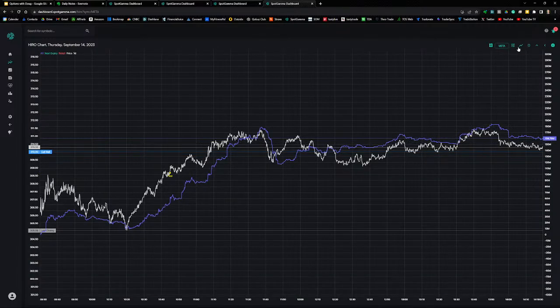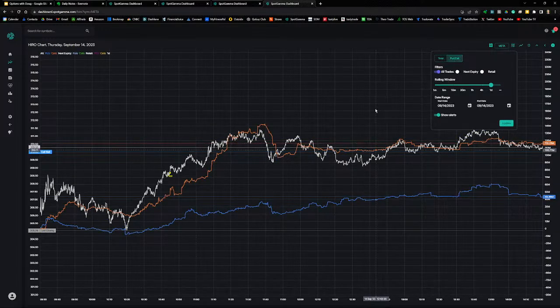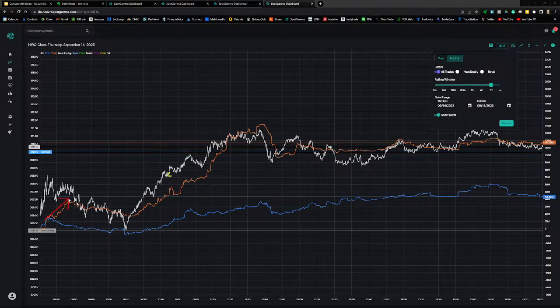Going to separate out puts and calls. This one's not quite as easy a read, but here traders were initially buying calls.